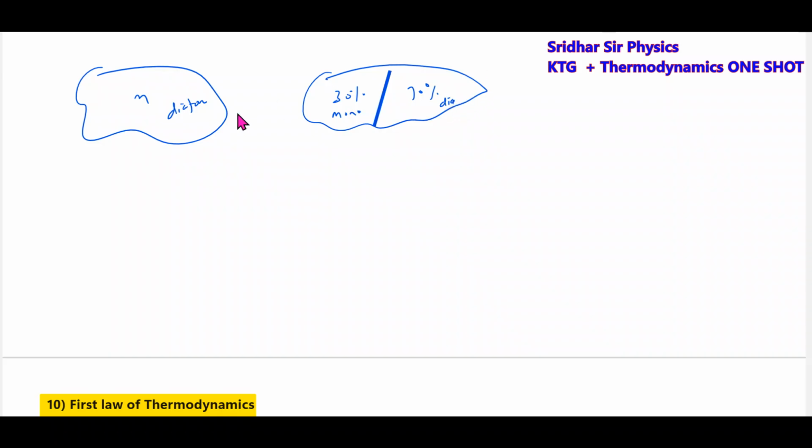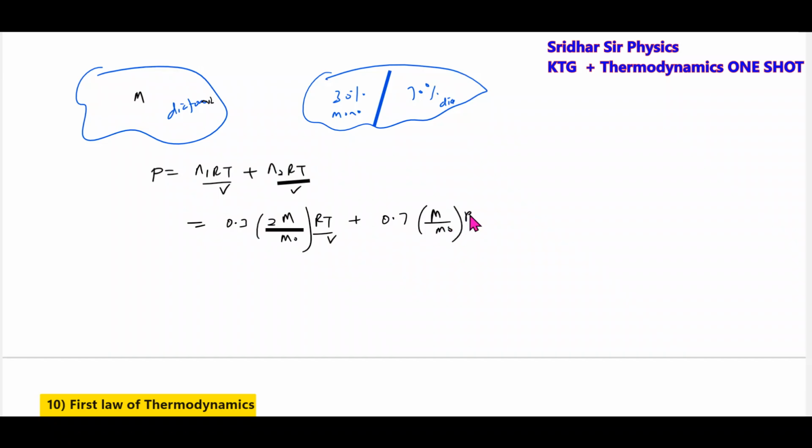Then the new pressure will be N1 RT by V plus N2 RT by V. N1 is the number of moles: 30% of the mass becomes atoms, so 0.3 into 2 times total mass M by molecular mass M naught, RT by V. The remaining 70% as it is gives 0.7 M by M naught, RT by V. If they give information about the mass of gas, of which 30% will dissociate and the remaining 70% stays as it is, this is the method you should apply.